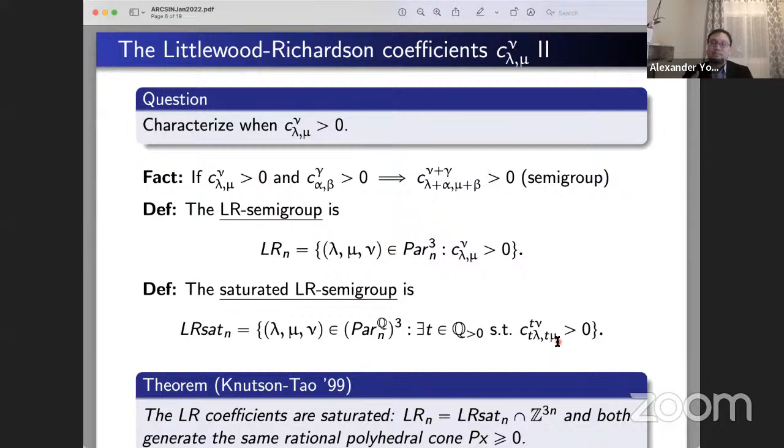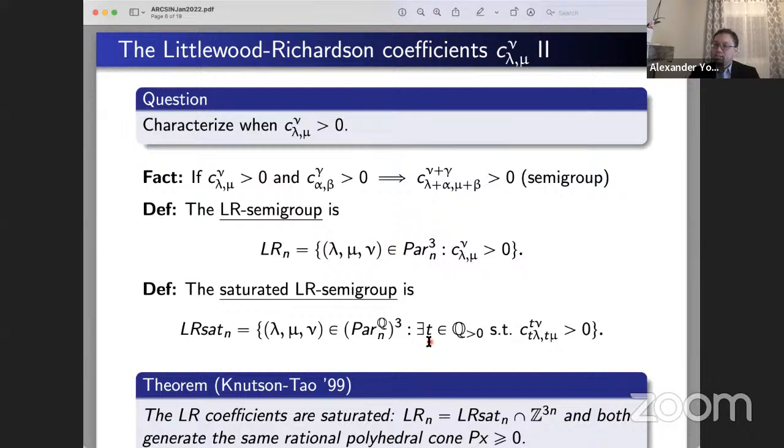So when you rescale the partitions with a rational scalar. And since I'm dealing with rational scalars, I might as well assume my partitions are rational partitions, meaning decreasing sequences of rational numbers. Okay, so we have the LR semigroup and the saturated LR semigroup. Evidently, this is contained in here because in this definition, I can always take t equal to 1.